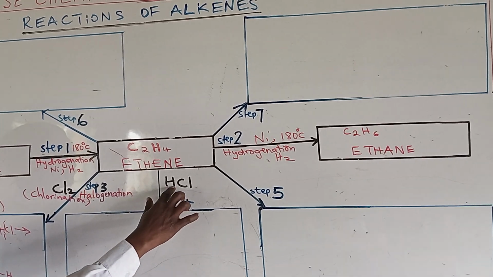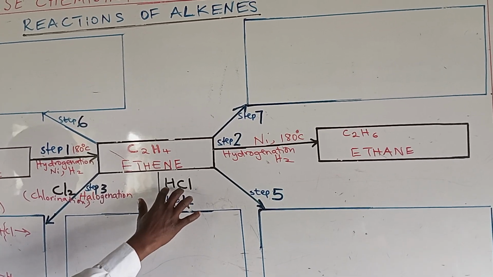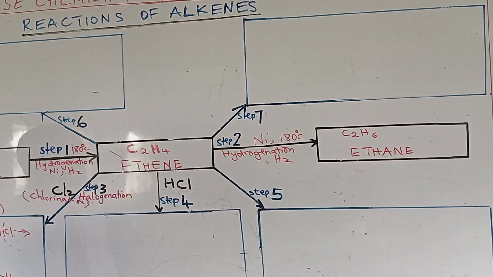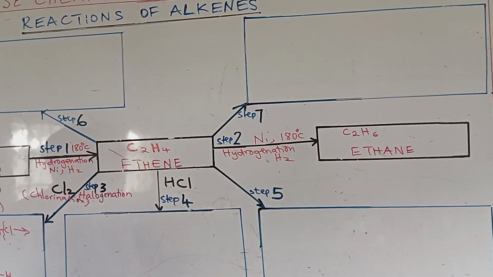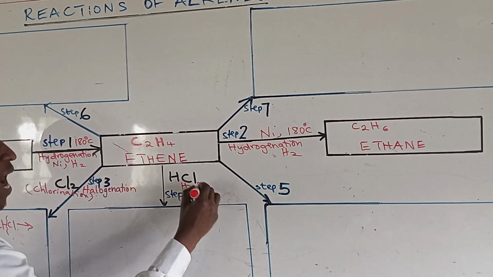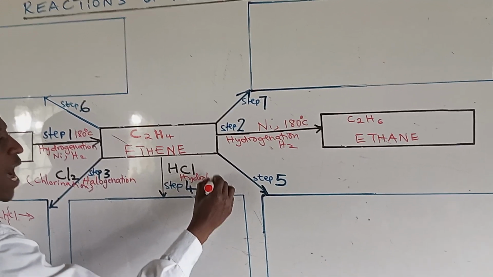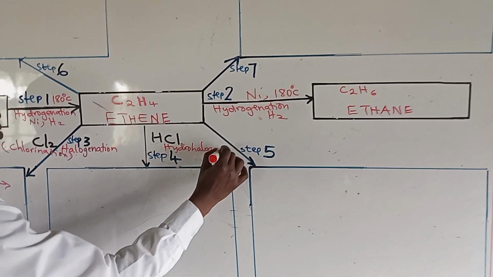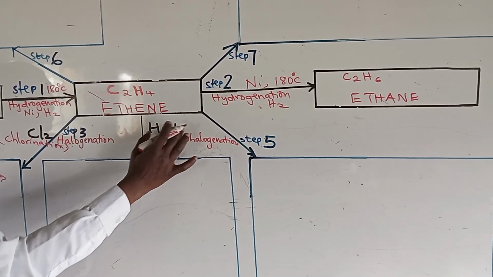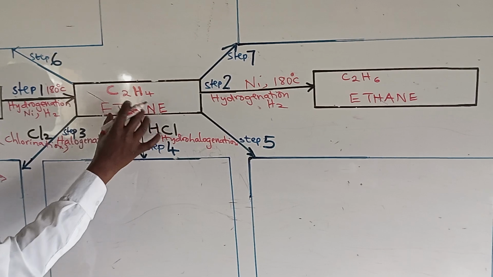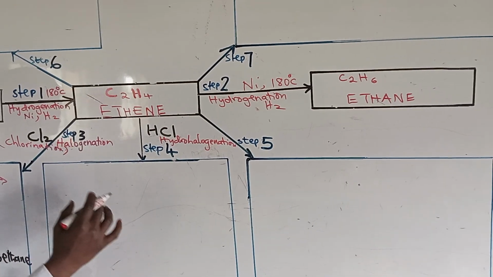A compound of hydrogen and a halogen, we call it a hydrogen halide. Hence, that process is going to be referred to as hydrohalogenation. Hydrohalogenation is the addition of a hydrogen halide across a double bond, maybe in an alkene.